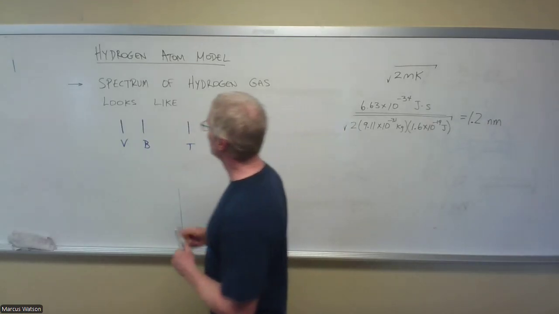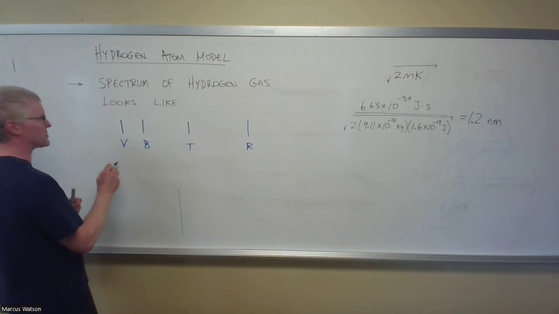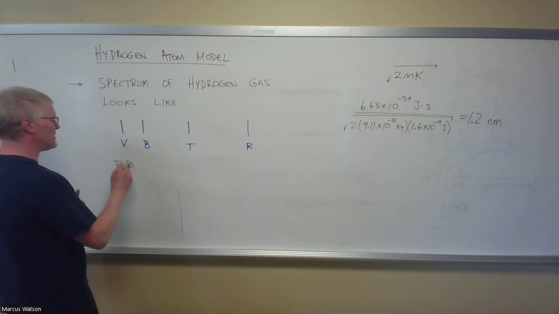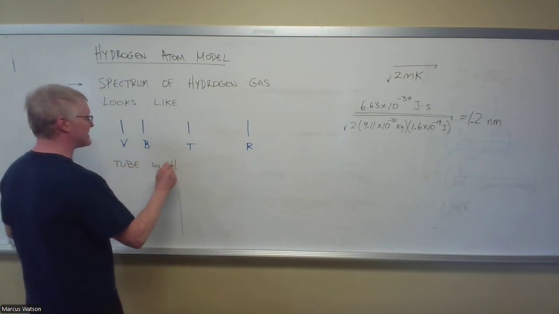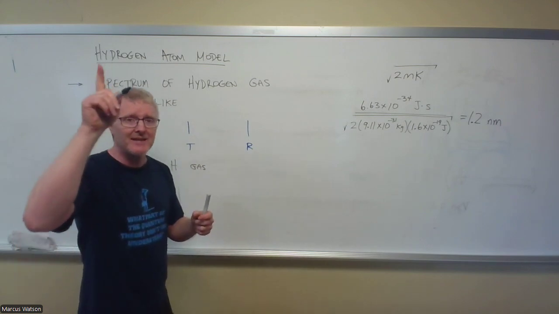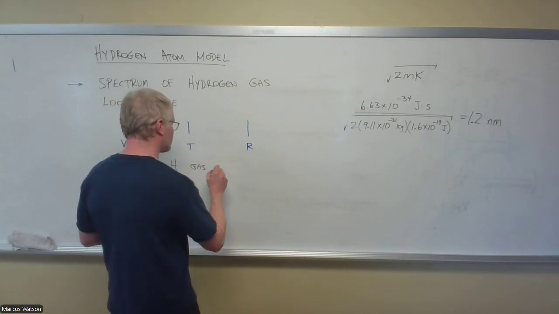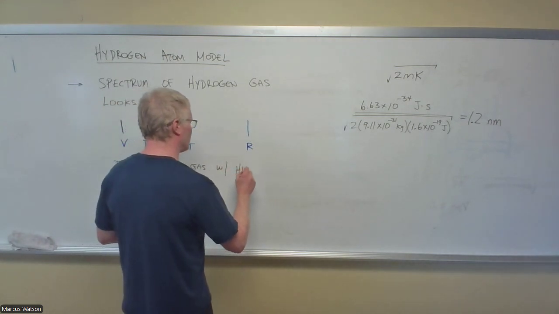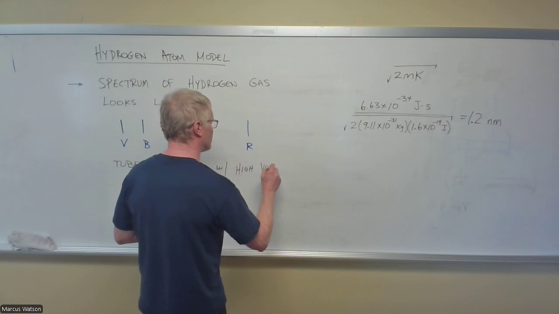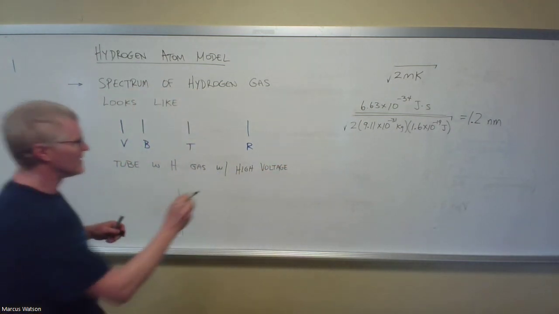So when you say, how do you get the spectrum of hydrogen gas, this is from what's called a discharge tube, where it's a tube with hydrogen gas, and basically you put a shock through it. It's exactly like what we now use as a fluorescent light tube, with a relatively high voltage applied.